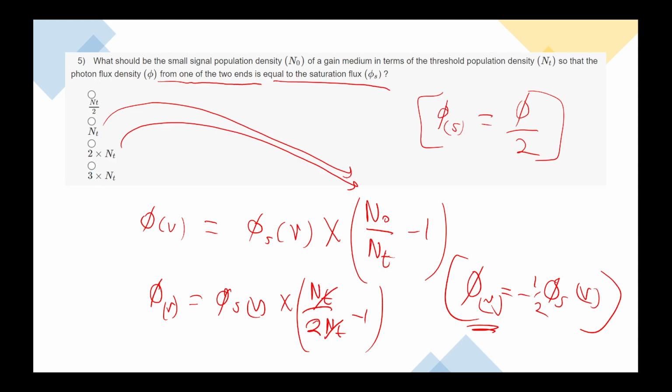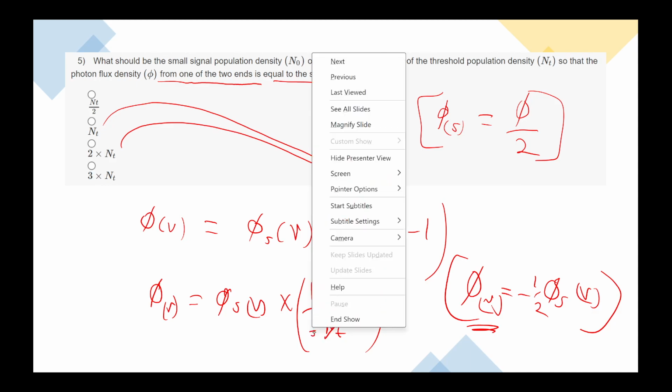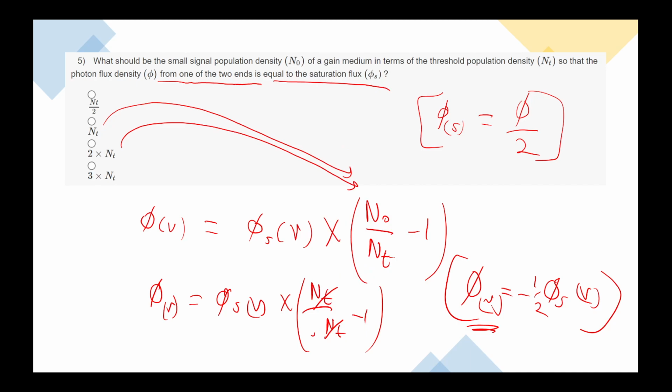So for which n naught value will we get this? We'll keep another one, nt directly. Then 1 minus 1 will come, and that will become 0, so phi is equal to 0. Then what will be another possibility?